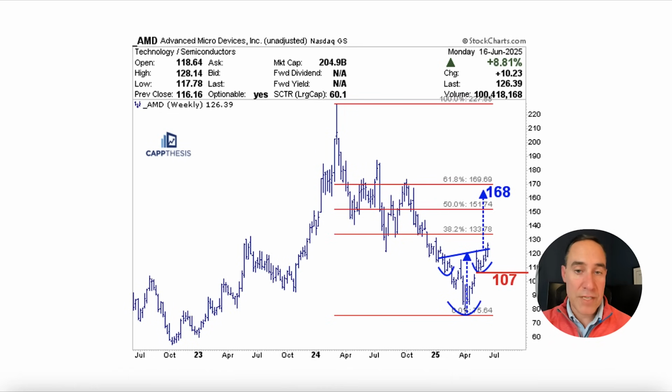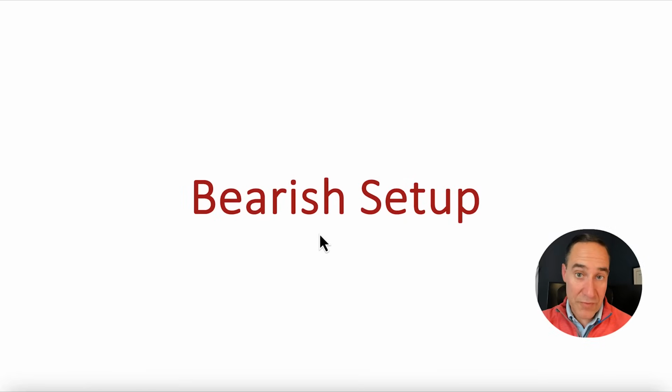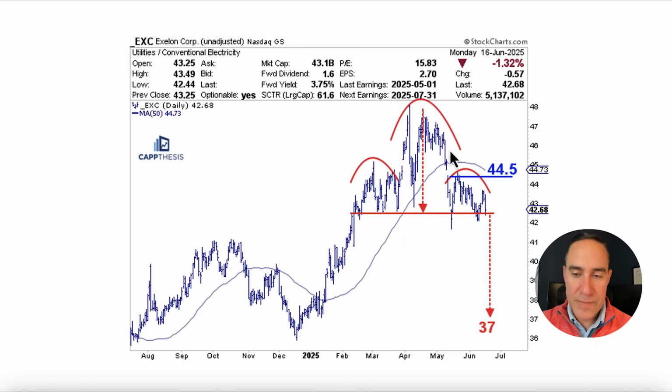Now, we're also looking for, or we identify, bearish patterns when they occur as well. And just going through some of the names in the S&P 500 just the other day, this one, EXC, which is a utilities stock, really caught our eye because it's pretty clear, right, in terms of this being a potential bearish pattern, this being the left shoulder, the head, and the right shoulder.